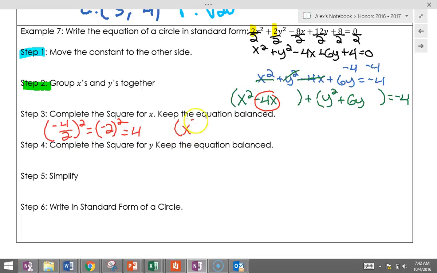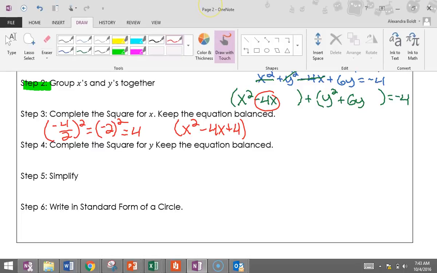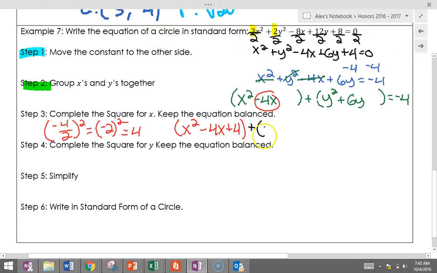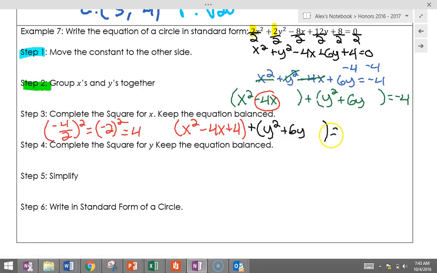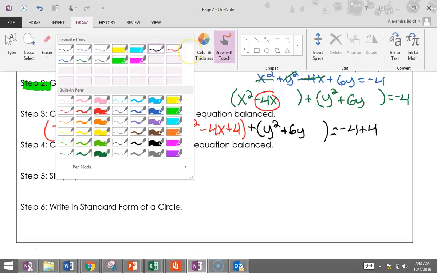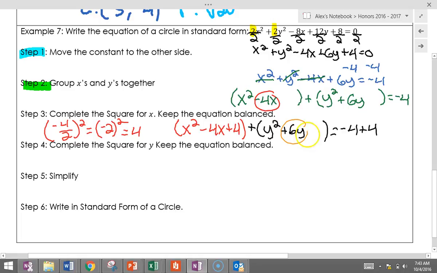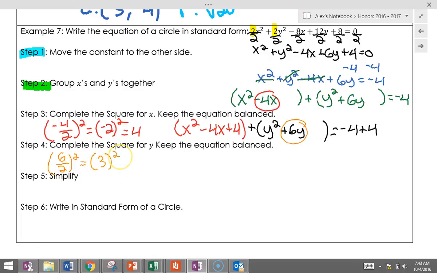So I have x squared minus 4x plus 4, plus y squared plus 6y, still don't know what that number is, equals -4 plus 4. Now I'm going to fill in my y term by using that number. So I have 6 over 2 squared, which equals 3 squared, which is 9.